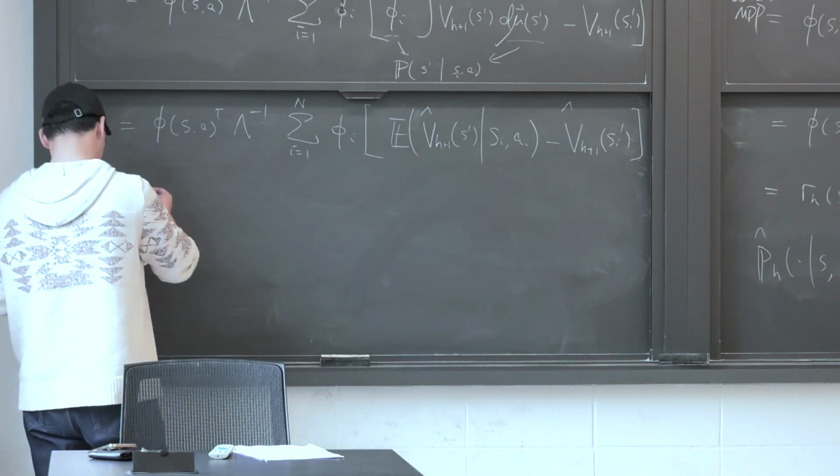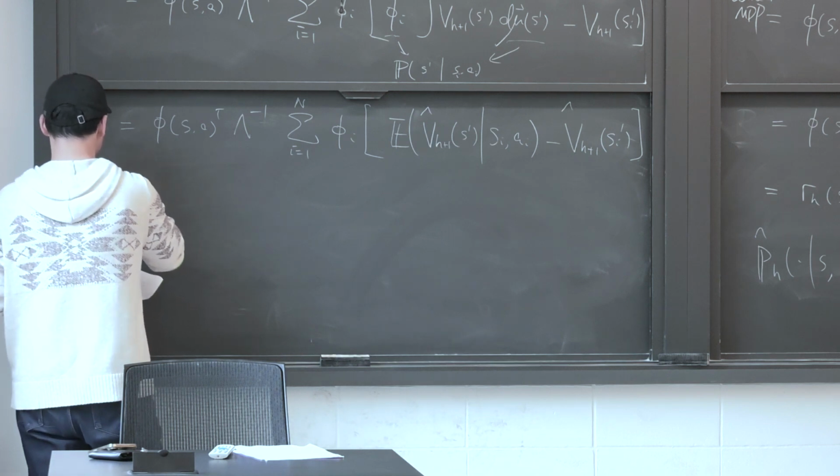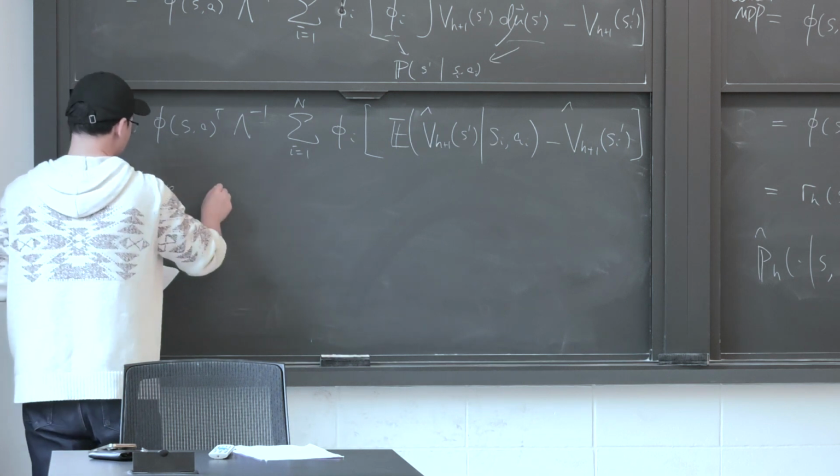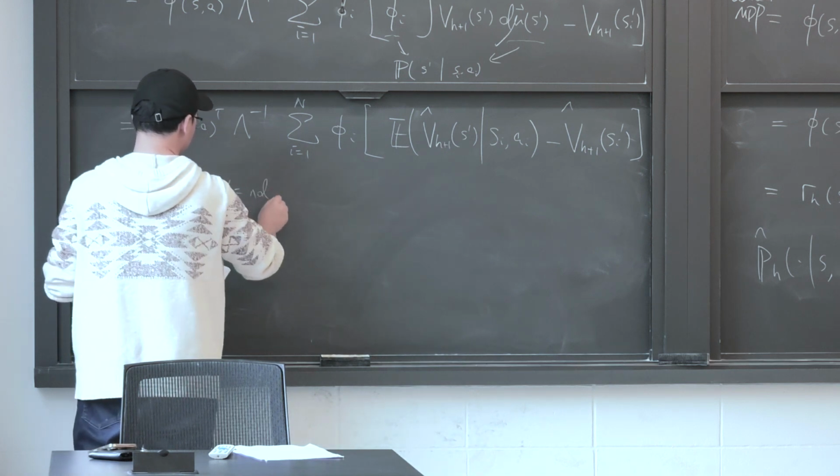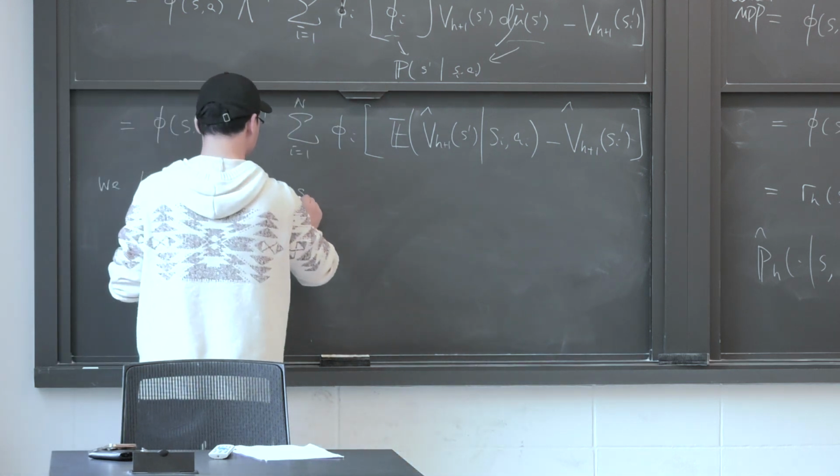So we note that we have n equal to little n times d. We already said samples per step.